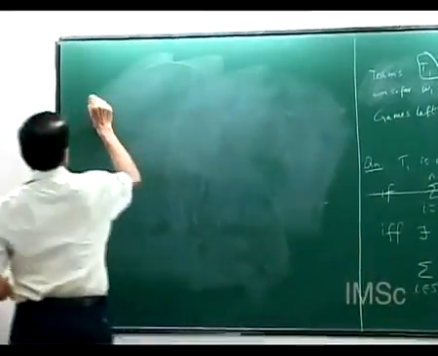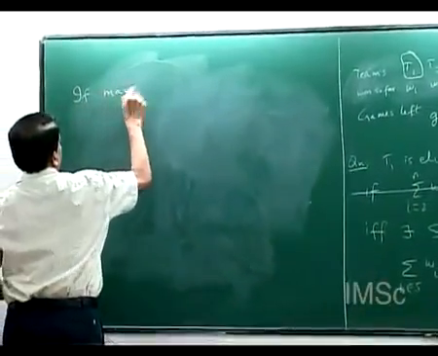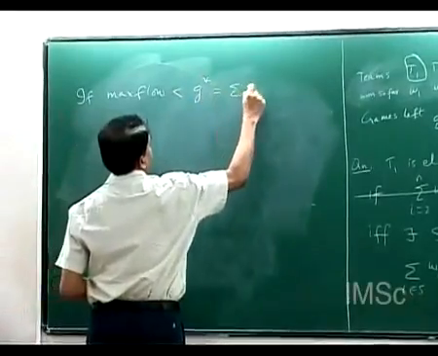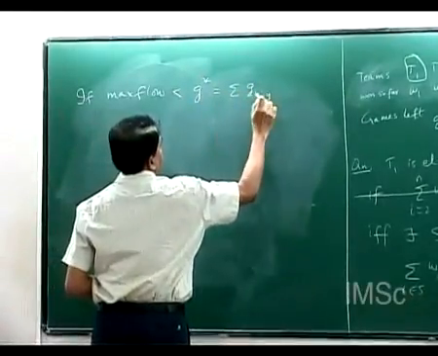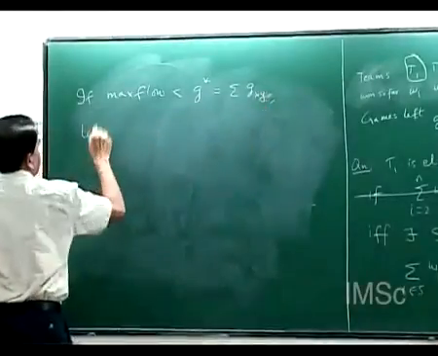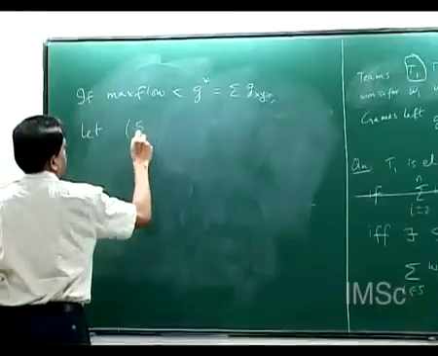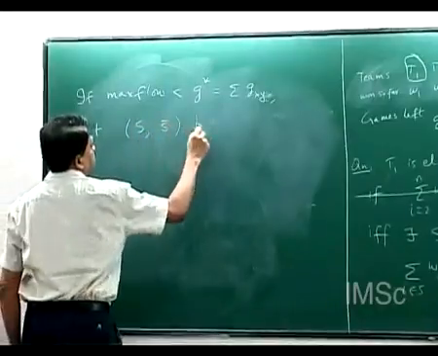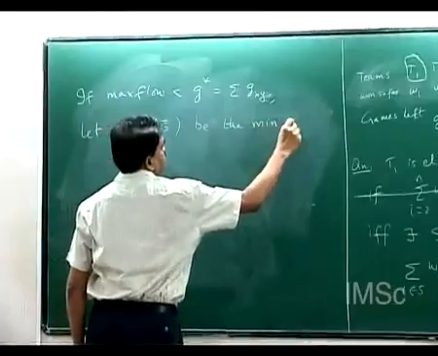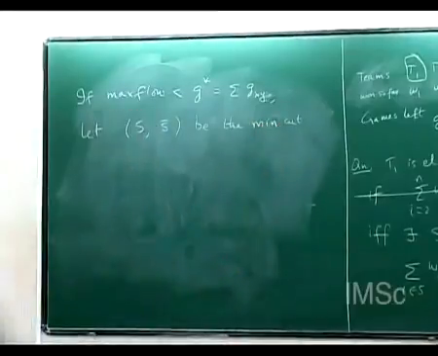Okay. So, if max flow is less than G star, which is equal to the summation of g x y, let S, S bar be the min cut. Okay. So, it is a cut of this vertex set.